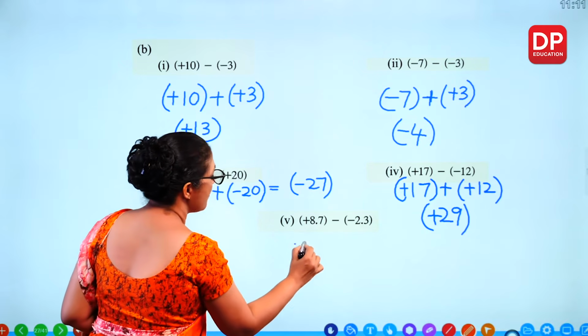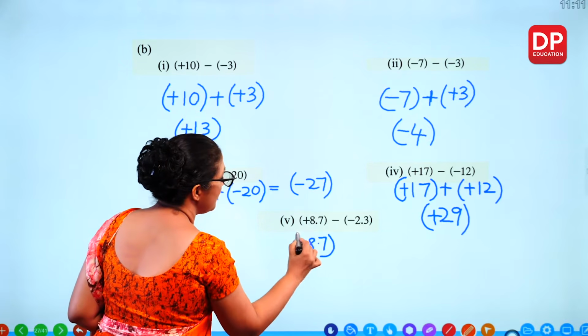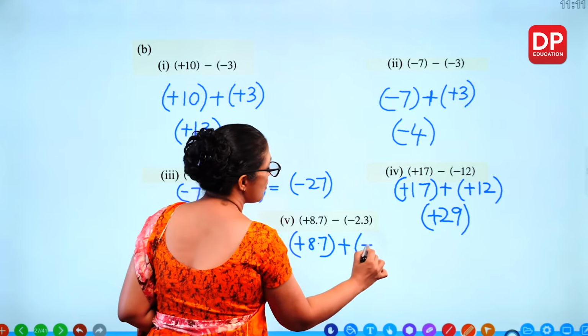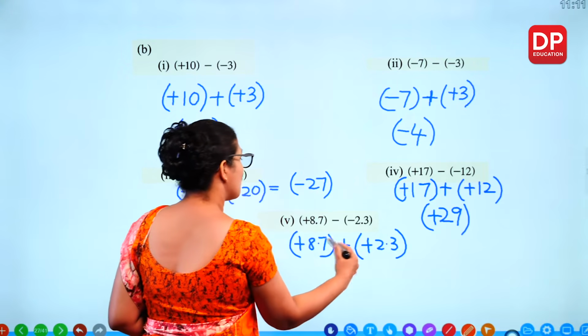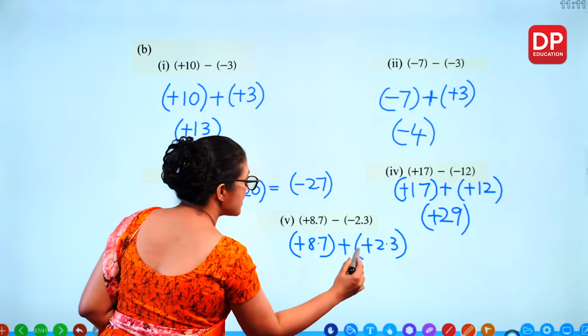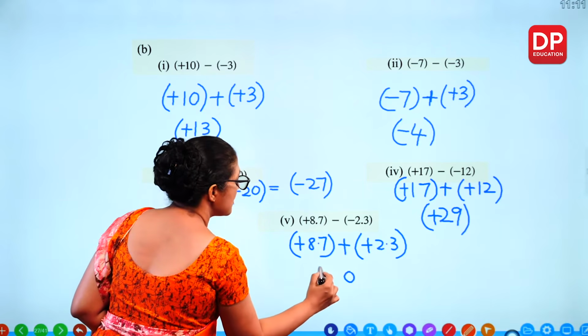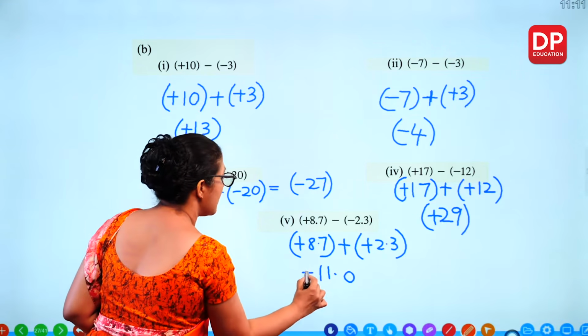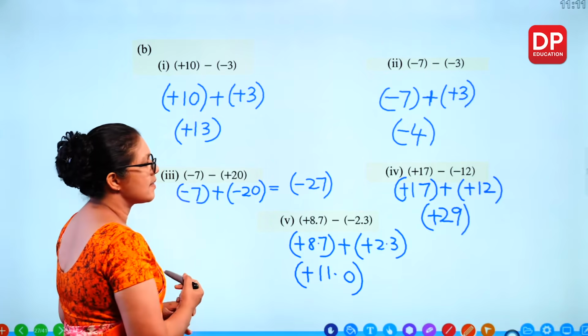This one you can write adding additive inverse of this. So both pluses, so that means add. 7 plus 3, 10 and 11. So plus 11 is the answer.